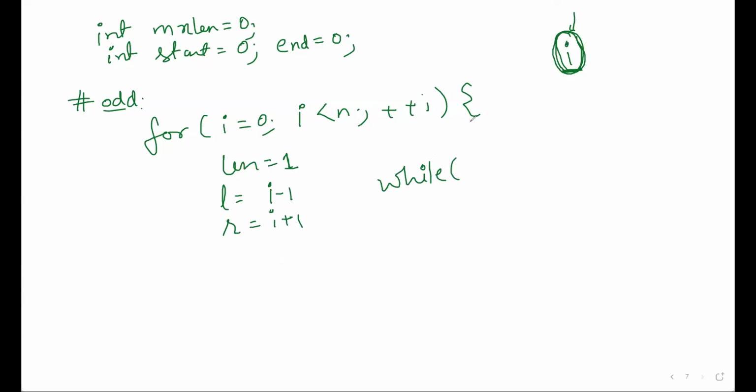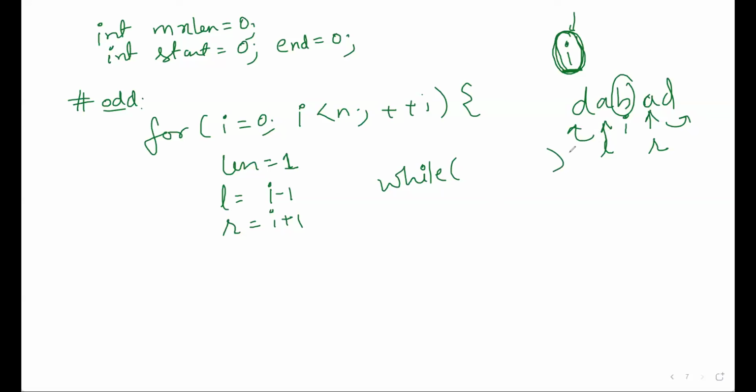You are simply trying to move in both directions, in left direction and in right direction. So you are at suppose index I. So L is at this point. Here we have L, here we have R. So we will compare them. If they are equal, then only we'll move forward in this direction and in this direction.